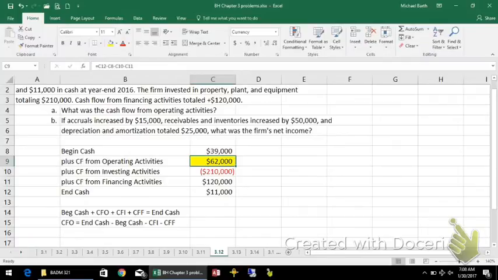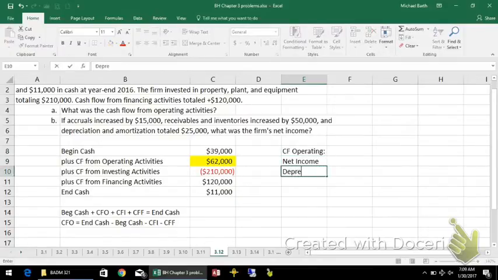Part B says that accruals increased by $15,000, receivables and inventory increased by $50,000, and depreciation and amortization totaled $25,000. What was the firm's net income? Alright, so to do cash flow from operating, it always starts with net income plus depreciation. You add back the depreciation expense.